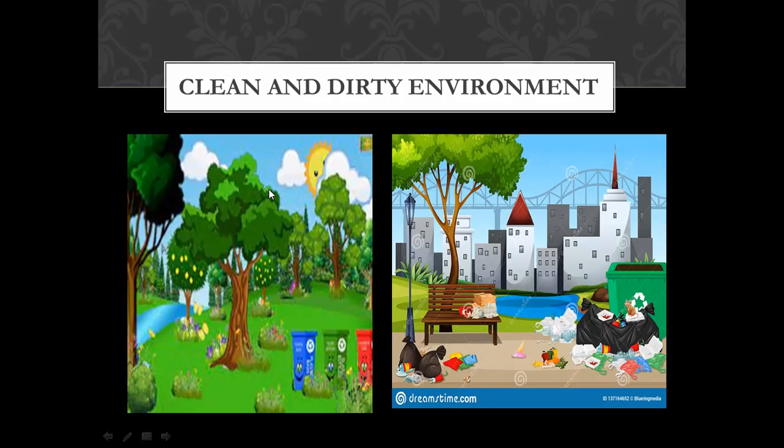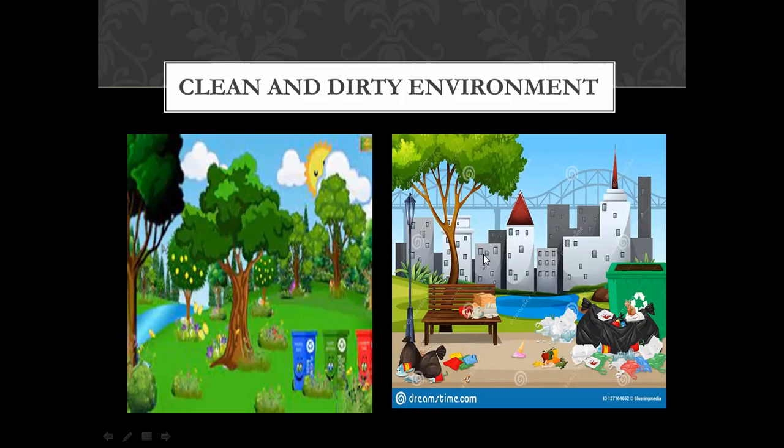There are lots of trees, there are fruits on the trees, there are dustbins, and there is no litter. So if we keep clean, our environment is going to be clean.